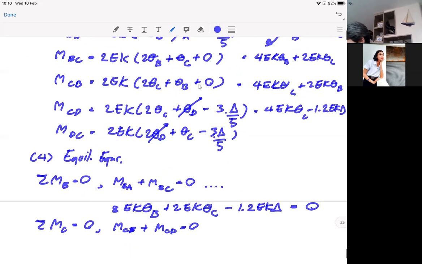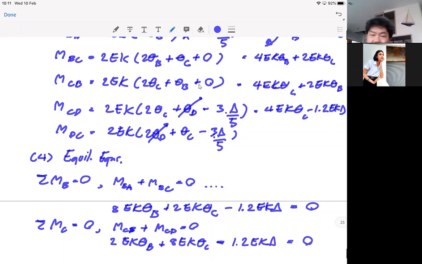So this will give me 2EK theta B plus 8EK theta C minus 1.2 EK delta equal to 0. So these two you guys should be familiar with already, right?